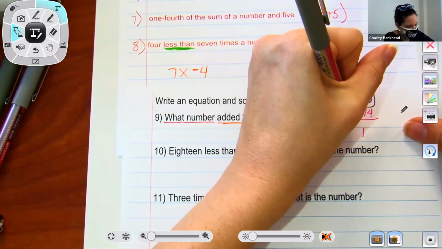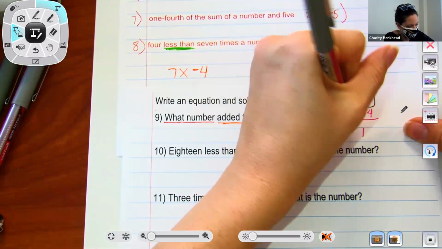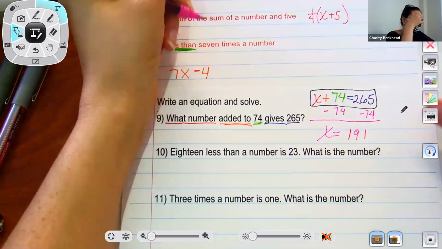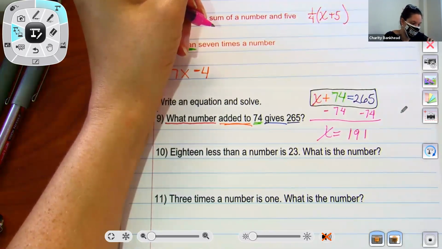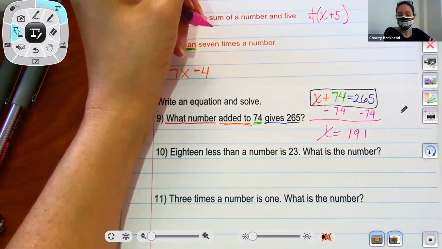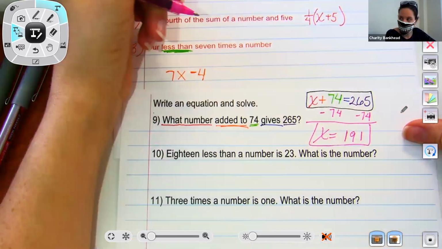So that would be like 191. So x equals 191.